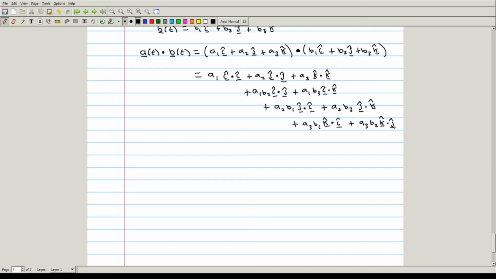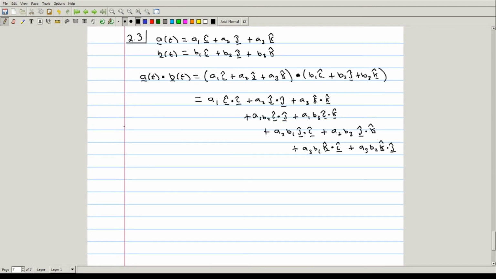And this would be the general way of taking the dot product if our basis were not a Cartesian basis. But this simplifies a lot in Cartesian coordinates, because we know that, for instance, i dot j is the dot product of the vector 1, 0, 0 with the vector 0, 1, 0, which is just equal to 0. So each one of these, i dot j, i dot k, j dot i, j dot k, k dot i, each one of these is just equal to 0.